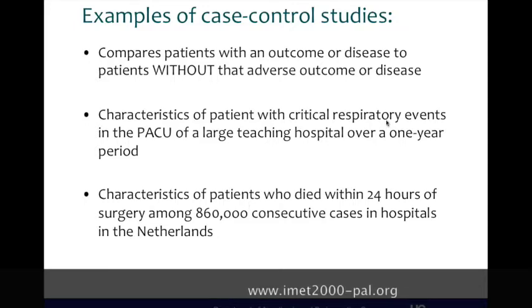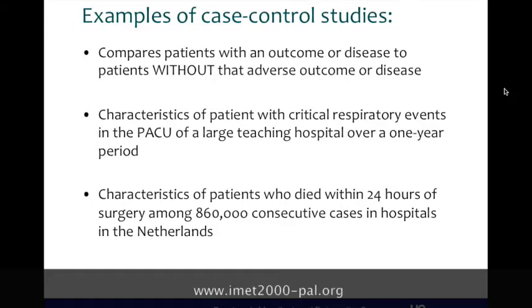Examples would include anesthetic-related cardiac arrest or death, neurologic injury, development of chronic pain after surgery, critical events that occur during recovery, or explicit recall of events in the operating room during general anesthesia.